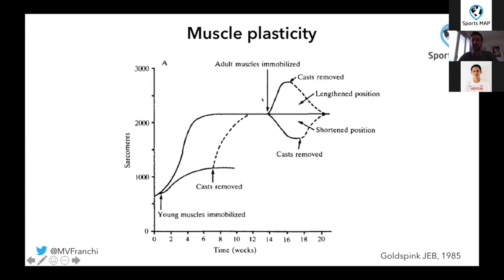In an adult muscle, if we put a restraint in a lengthened position or a shortened position, we have either addition of sarcomeres in series or loss of sarcomeres in series. And when the cast is removed, this goes back to normality. This happens in a very short amount of time, and this makes you appreciate how important muscle plasticity is.